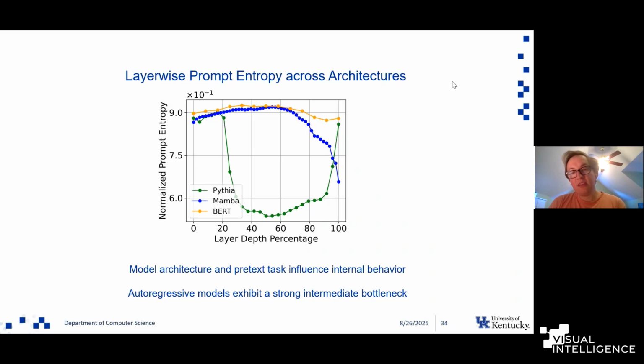You can think of the model as having three phases of information processing. The first 5 or 6 layers, where entropy is high at the beginning, some works call the detokenization phase, where the model is converting from tokens to some kind of abstract language that the model understands.